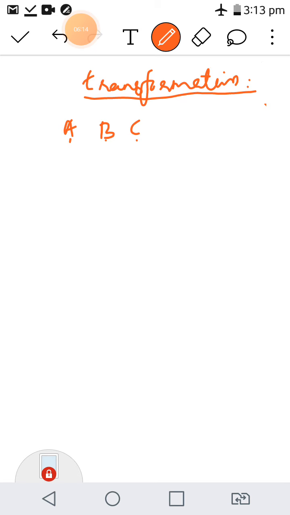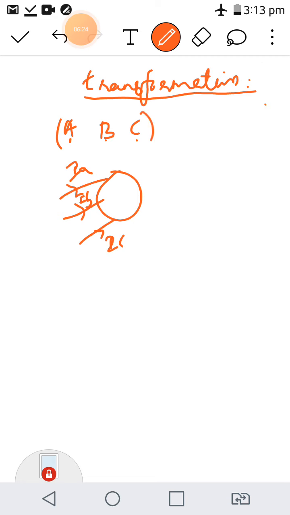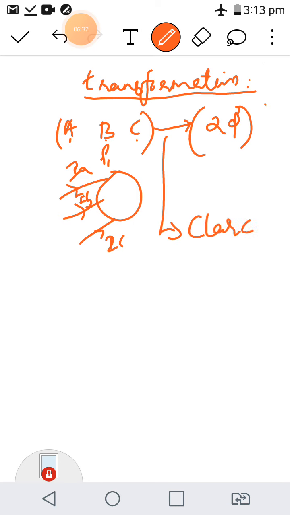To the stator you are supplying a three-phase current, with IA, IB and IC. This is called the ABC frame of reference, or the three-phase frame of reference. It can be converted into two-phase by using certain transformation techniques, generally known as the Clarke and Park transformation.